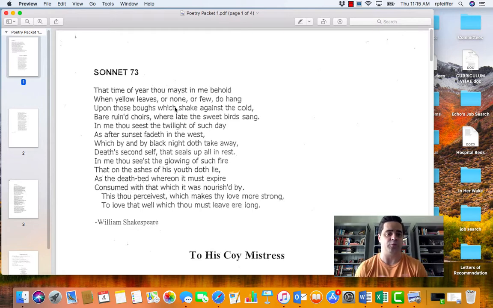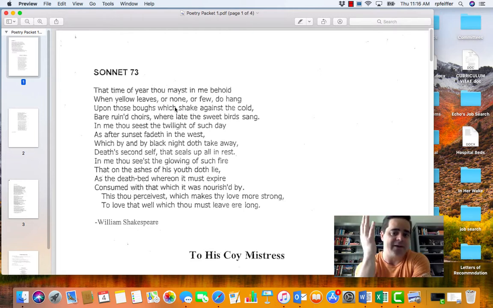A sonnet has rules, and anytime you write formal poetry, you have to follow the rules of the form, or you're supposed to anyway. A sonnet, for example, has 14 lines of iambic pentameter, and depending upon whether you're writing a Shakespearean or a Petrarchan sonnet, the rhyme scheme is going to be different.